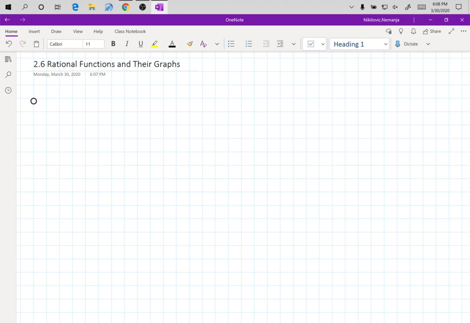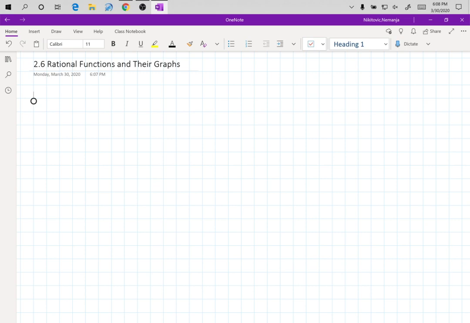So we're going to take a look at the properties of those functions and also the way to graph those functions. They are needed for calculus, so we need to make sure that we really know how to deal with this one. As usual, please send your questions in the chat, and we'll go from there.